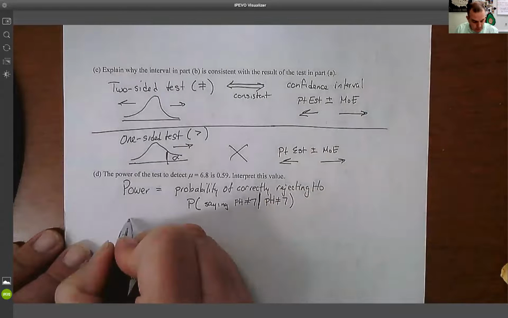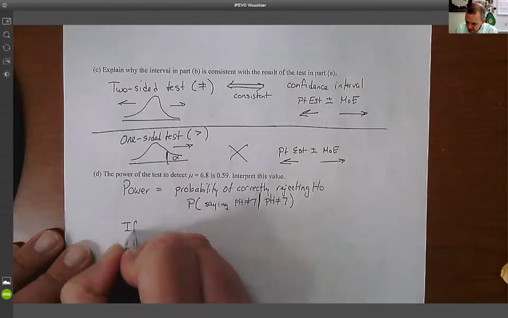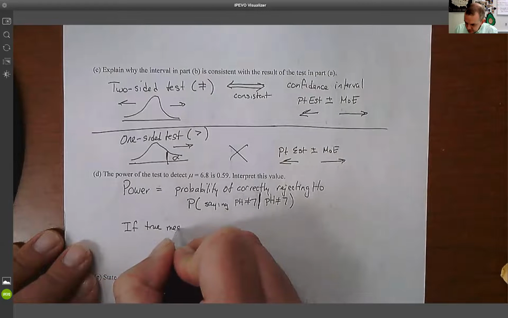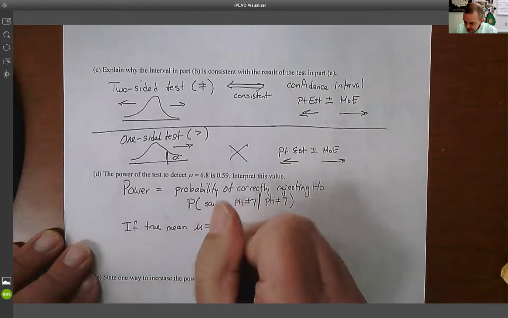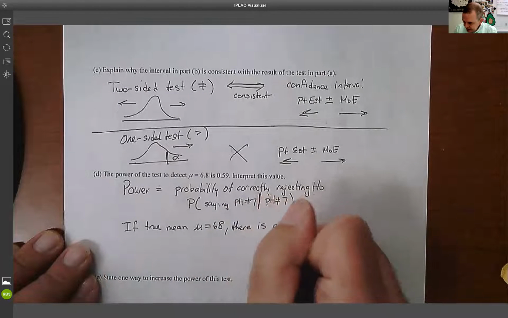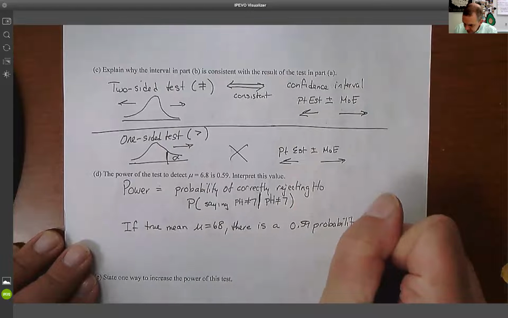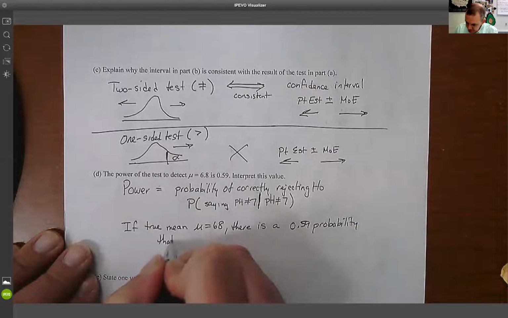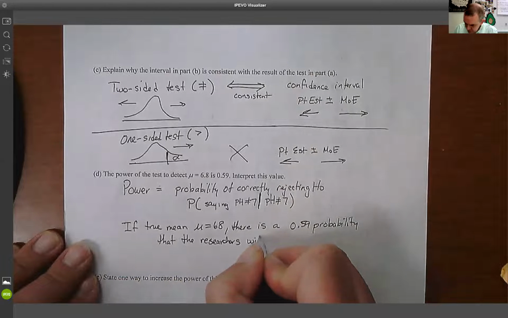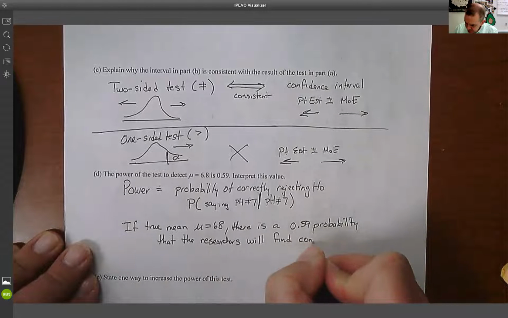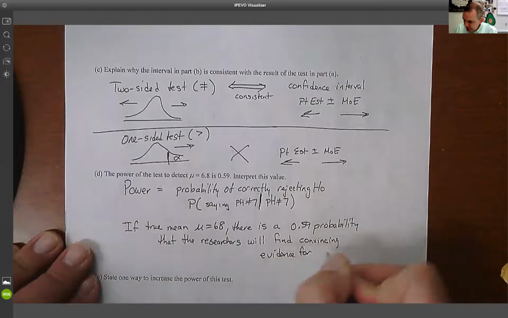So if you want to say this, what we would say is that if the true mean mu is equal to 6.8, there is a 0.59 probability that the researchers will find convincing evidence for the alternative hypothesis.